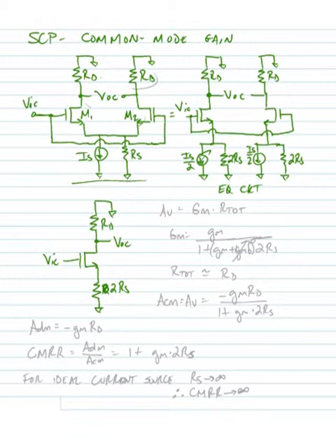Alright, so now we need to find our total voltage gain, AV, which is equal to, of course, GM times R total at the output. And we know big GM here is equal to little gm divided by 1 plus GM plus GMB times the resistance that we see in the source, which is 2 RS.